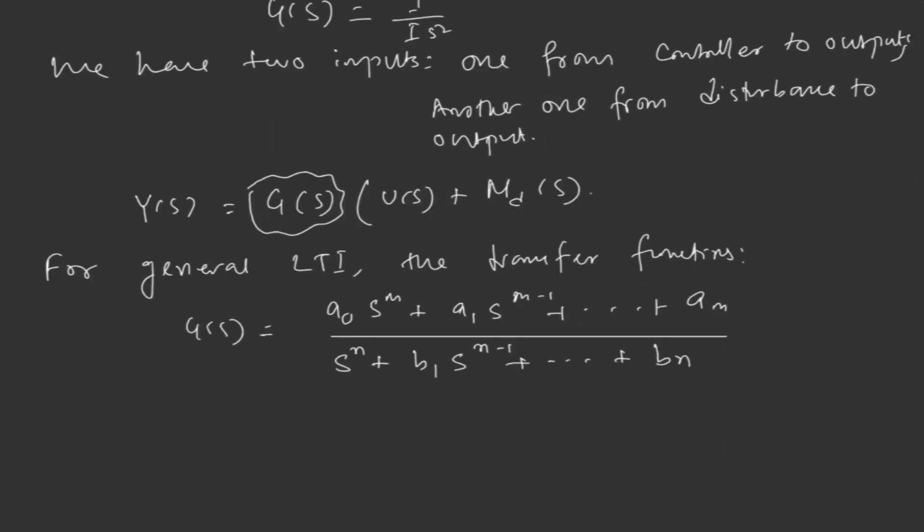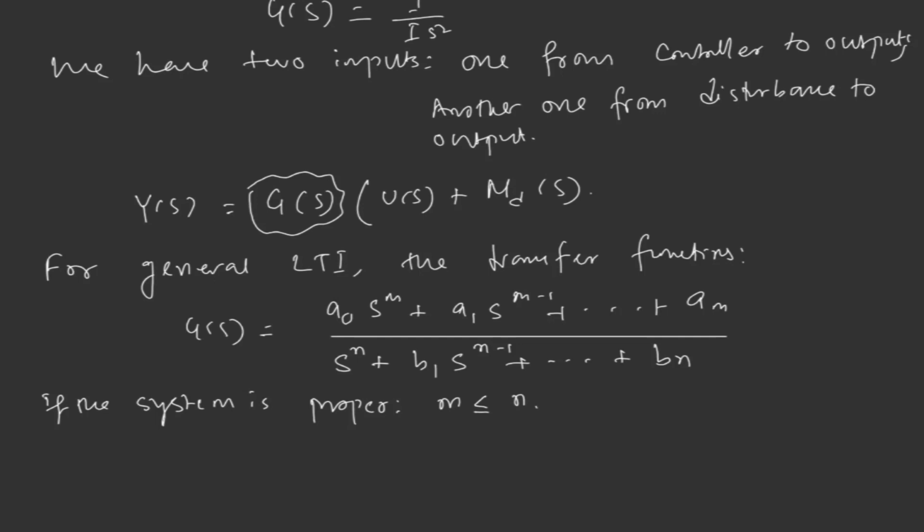One more thing here, if the system is proper, always remember, m should be less than or equal to n. It means the polynomial degree of the denominator should be higher than or equal to the polynomial degree of the numerator.